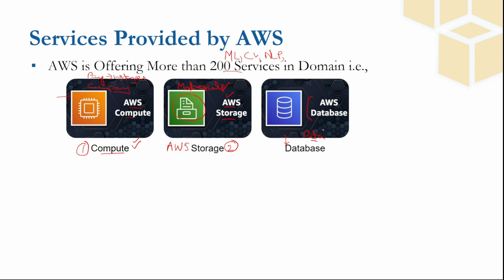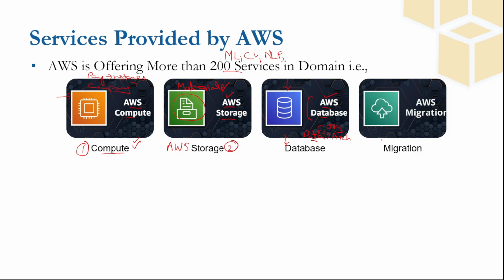So where is that data saved, right? And what is the architecture of the data, what is the organization of that data? So these are very important things. However, when you are buying a service such as AWS Database, you can be sure that all of your data is available on the cloud and you can access it anytime you want, right? So AWS Database is also a very important service that is used a lot.